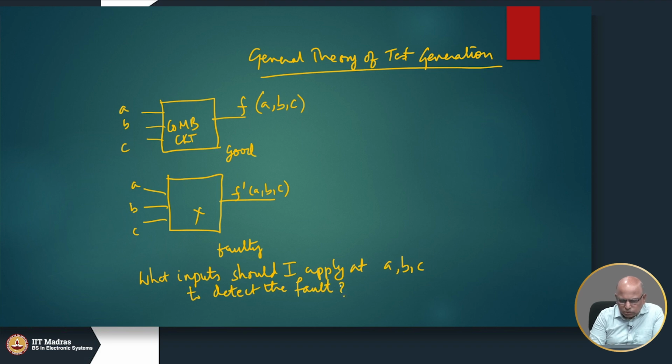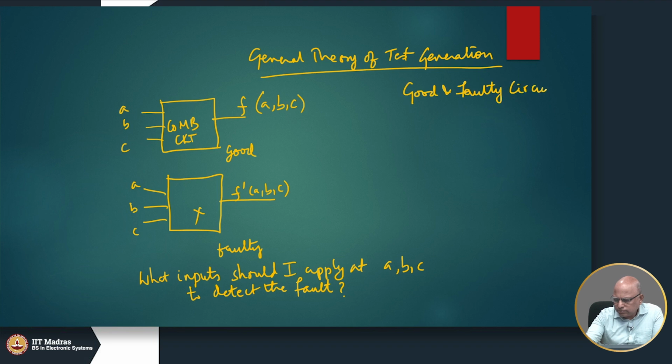So, I need to figure out what inputs must be applied at A, B and C, so that the good circuit produces a different output than the faulty circuit. Okay. If the good circuit and the faulty circuit produce the same output, then I will not be able to test. Okay.